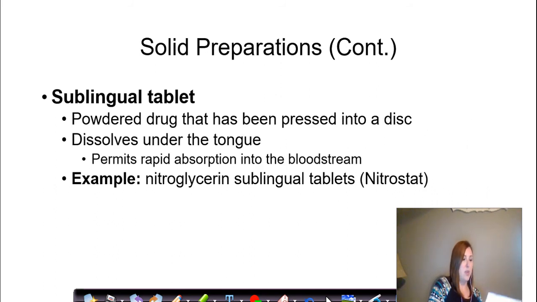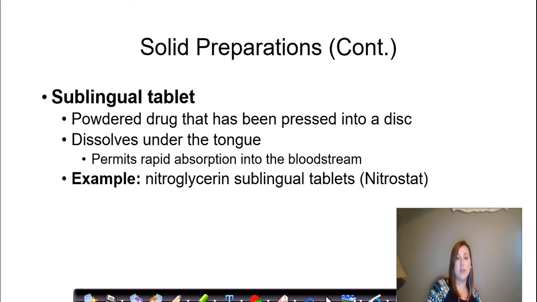A sublingual tablet is a powder drug that's been pressed into a disc as well, but it dissolves under your tongue and rapidly absorbs into the bloodstream. Nitroglycerin sublingual tablets is an example. Nitroglycerin is a medication that is given to patients who are having chest pain.